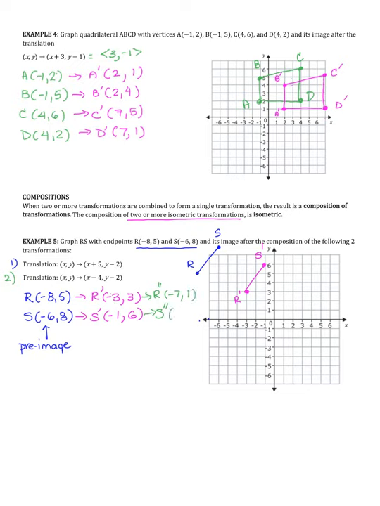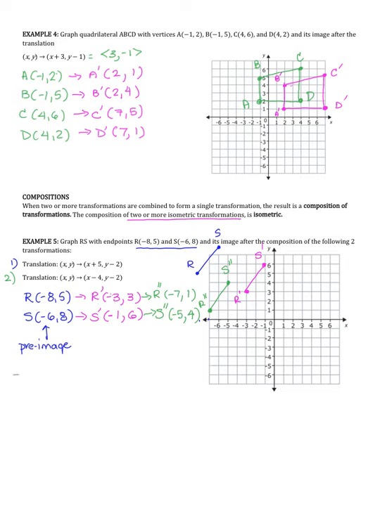For S, -1 minus 4, that's going to put me at -5. 6 minus 2 is going to put me at 4. So -7, 1, this will be R double prime. S is at -5, 4. That's S double prime. And there is the result of two compositions.